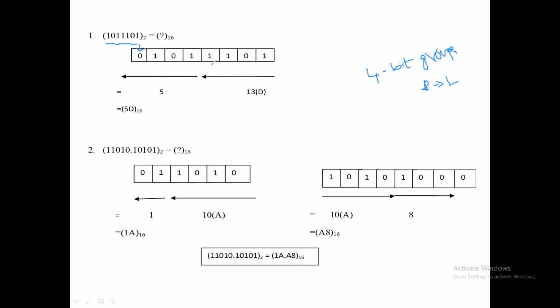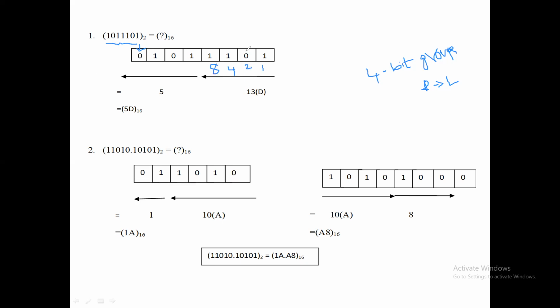Right, so this is the number given. Start from the rightmost bit and group 4 bits. That makes up 1101. What is the number represented by 1101? This is 1, this is 2, this is 4, and this is 8.